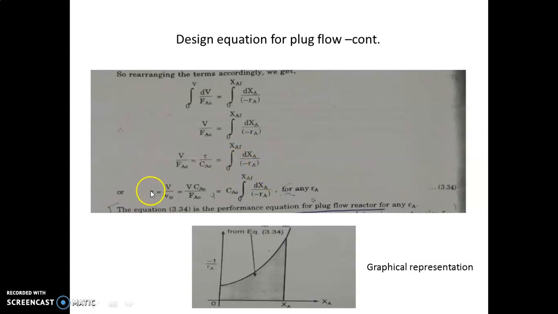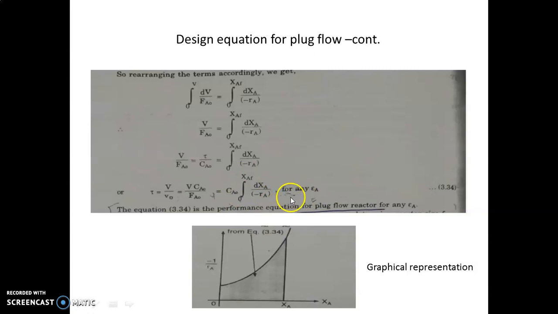Or we can write from the definition, tau is equal to V upon V0. If we put the value of V0 here, we get V into Ca0 divided by Fa0. So tau is equal to Ca0 times the integral from 0 to XF of dXa upon minus Ra.